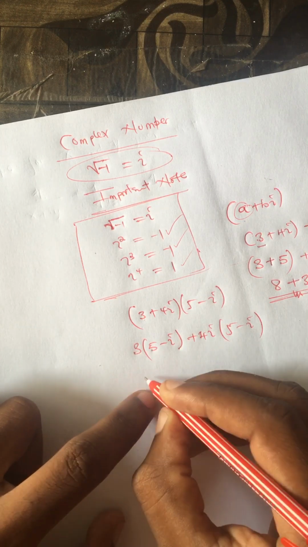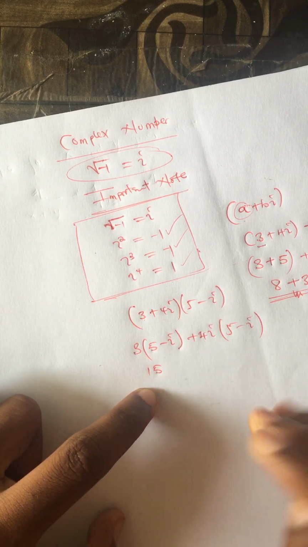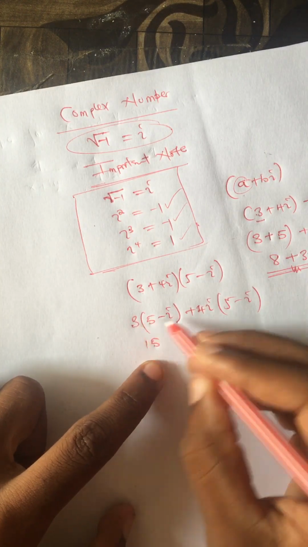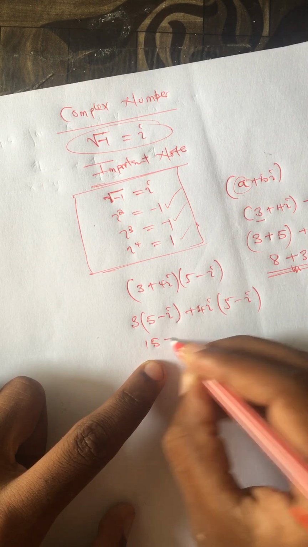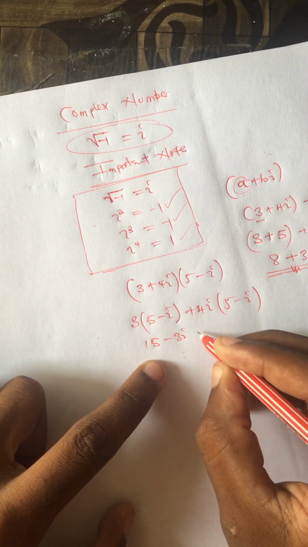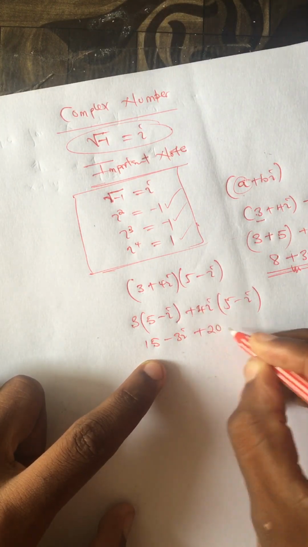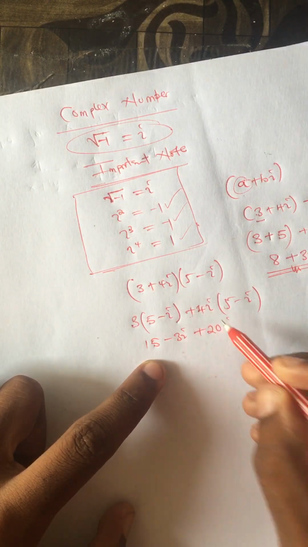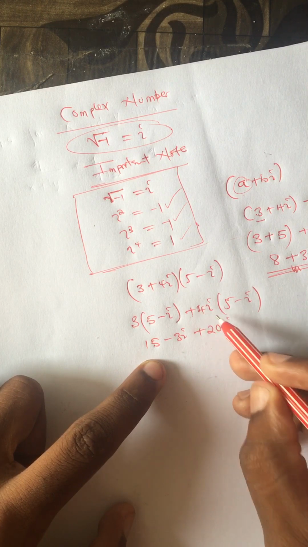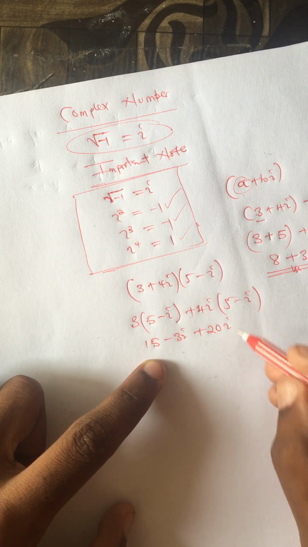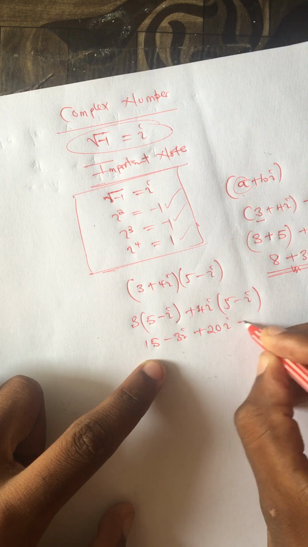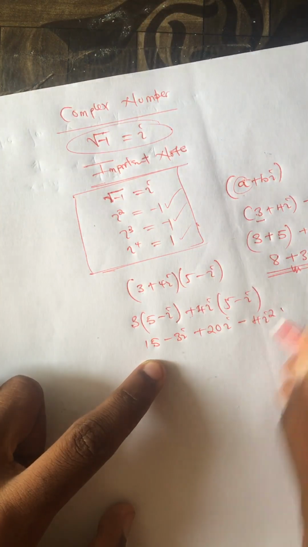So 3 times 5 is 15. Then 3 times negative i, you get negative 3i. Then 4i times 5, you get positive 20i. Then 4i multiplied by negative i, you get negative 4i squared.